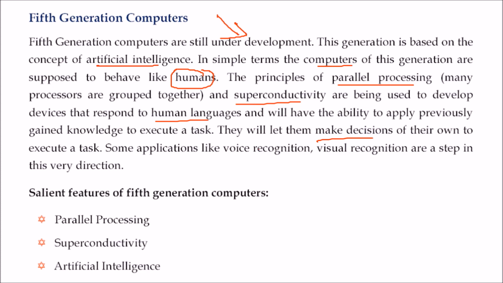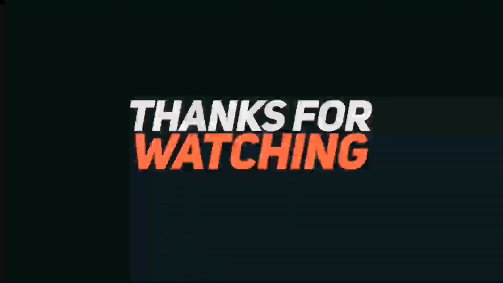Voice recognition and visual recognition are all steps in this direction. We already have various products like automated cars, self-driving cars, and various things which you will see and learn in the fifth generation computer. So parallel processing, superconductivity and artificial intelligence are the salient features of the fifth generation computer.